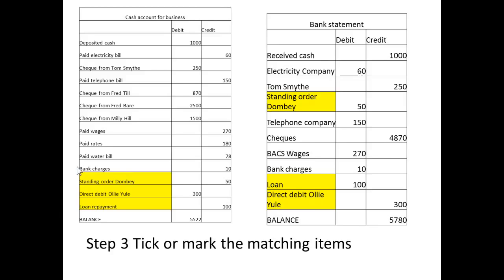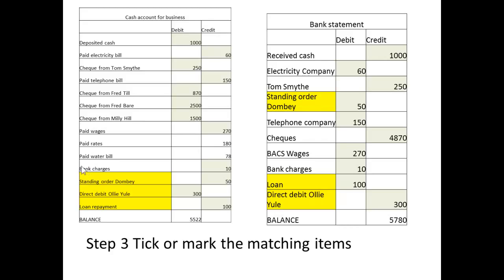So we now should have all the things on the bank statement that needed to be entered to the cash account for the business. And if so, I need to tick or mark the matching items. Normally you would tick them off, which is what I've done here. I've actually shaded in all the matching items.